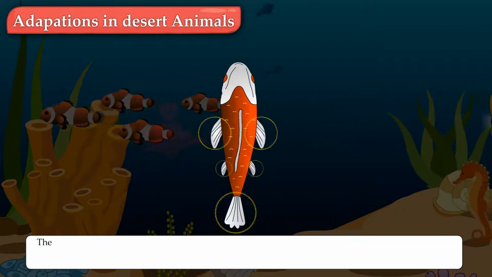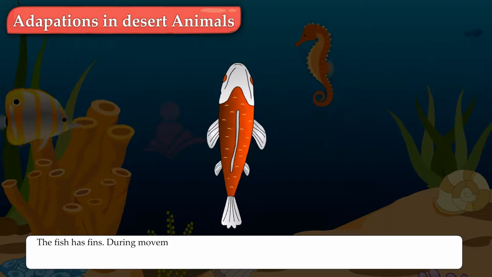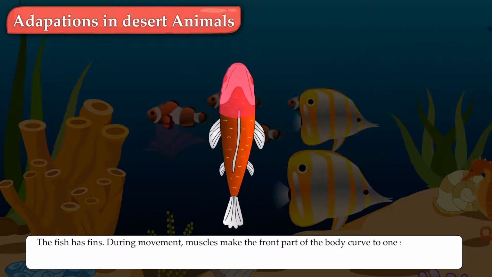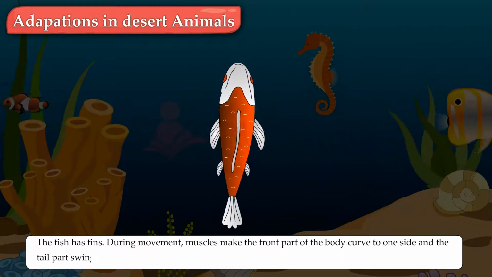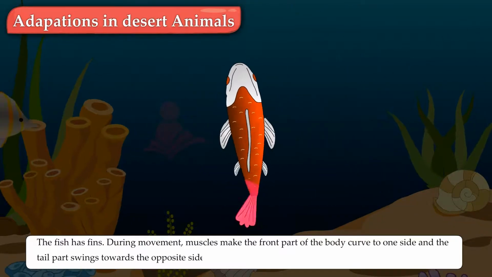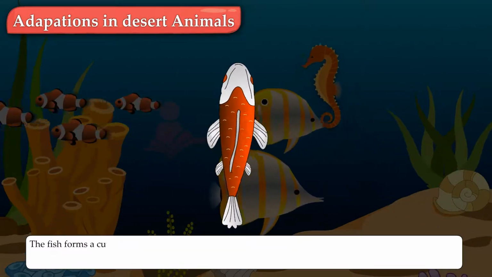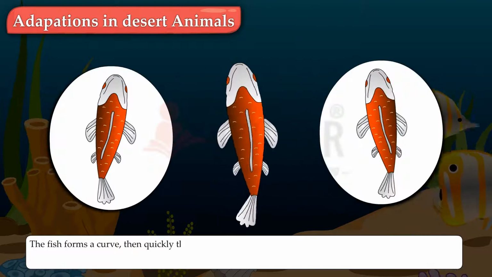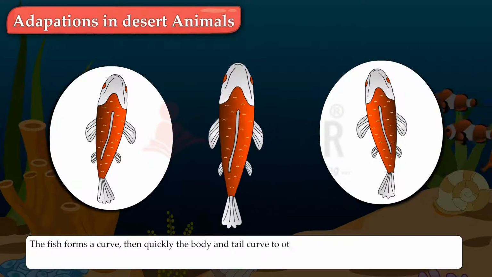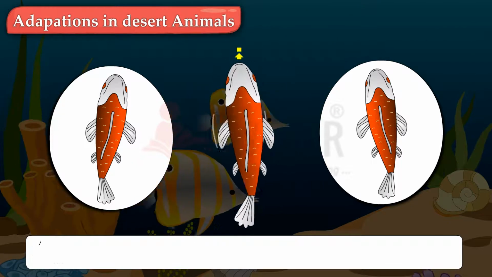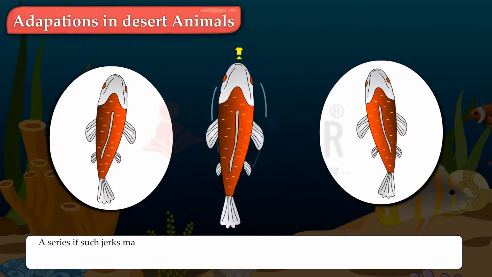The fish has fins. During movement, muscles make the front part of the body curve to one side and the tail part swings towards the opposite side. The fish forms a curve, then quickly the body and tail curve to the other side. This makes a jerk and pushes the body forward. A series of such jerks makes the fish swim ahead.